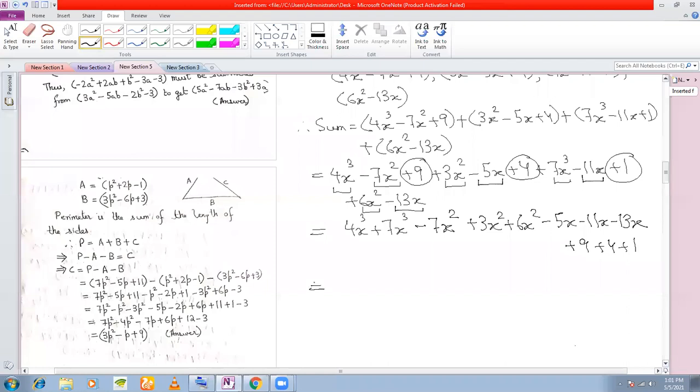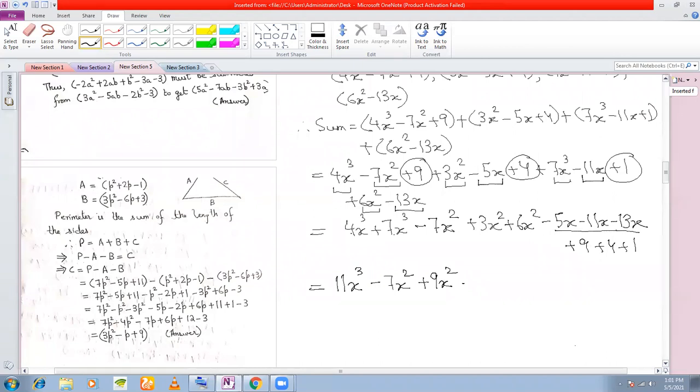Okay, now we do the addition. 4 plus 7 is 11. So you write this as 11x cube. Okay, next you have minus 7x square. You add 6 and 3 here, you get 9. Now you have 5, 11 and 13 here.